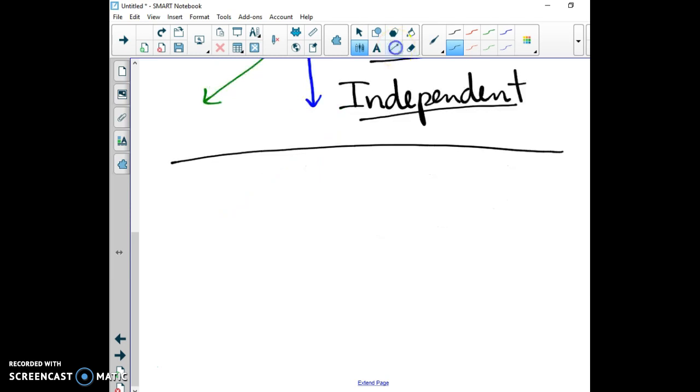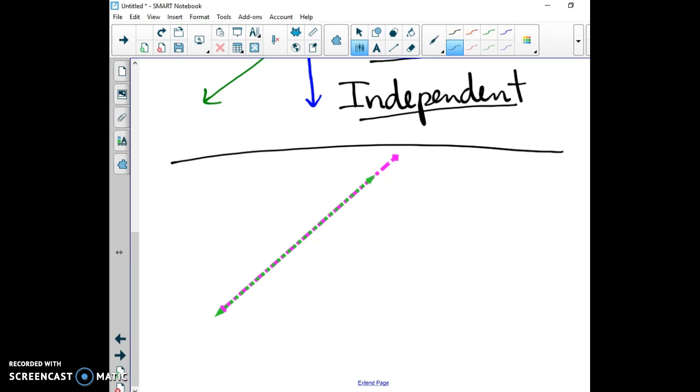Imagine, if you will, I have my first line. And then I have a second line. And I have those two equations. But they look a little bit different. And I really can't tell what's going on. But I see one line exactly on top of the other.